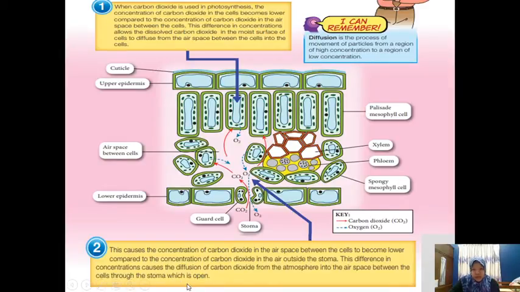So dia ada banyak cara lah sebenarnya di sini. Macam mana karbon dioksida masuk, karbon dioksida masuk di mana, oksigen berada di mana. Kalau tak faham yang ni boleh beritahu cikgu ya.